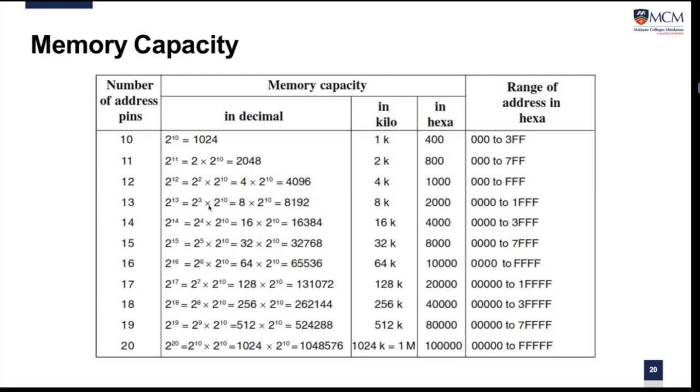But in this case, in a microprocessor, specifically in 8086, the number of address pins, which is 10, is equal to 1024, in kilo, that's 1K. In hexa, that's 400. So meaning to say that the range of addresses in hexa from 000 to 3FF can be stored.